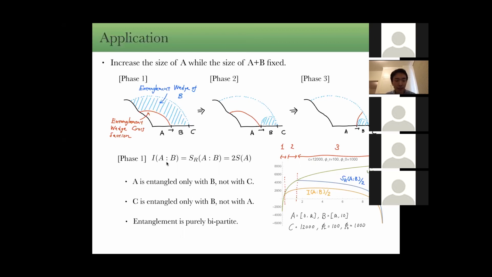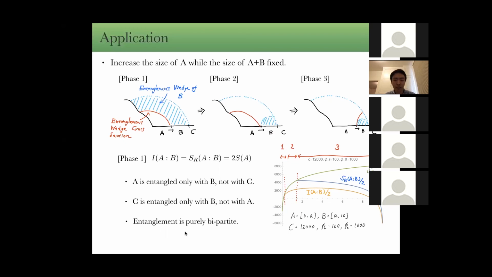And in this case, mutual information and the reflected entropy are equal to each other. So in this case, A is only entangled with B, not with the outside region C. And in this case, the entanglement is purely bipartite.